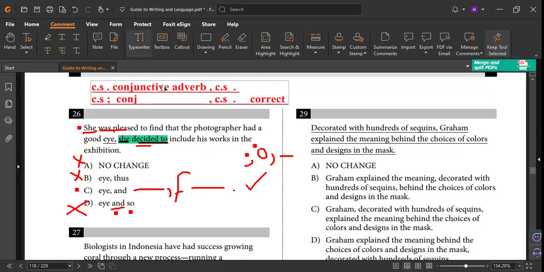If the conjunctive adverb is at the beginning, that means you need to use a semicolon or full stop before and the comma after. So we have two ways to prove why this answer is wrong. Do you understand me? Yes. That is the point. Okay. Now let's go to the next.